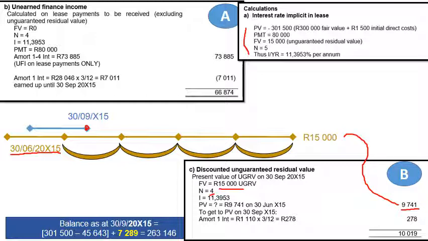But that means that for these 3 months up until the end of the financial year, the unguaranteed residual value has also increased in value, and the amount it has increased with will be 278. Okay, so the 9741 is the value on 30 June 2015, but then it increases with another 278 to give us a present value at the financial year end of 10,019.